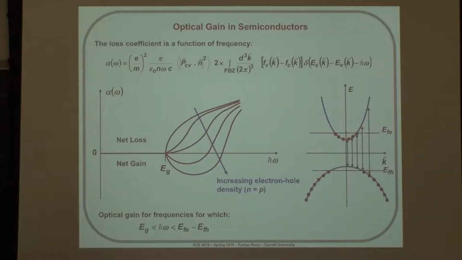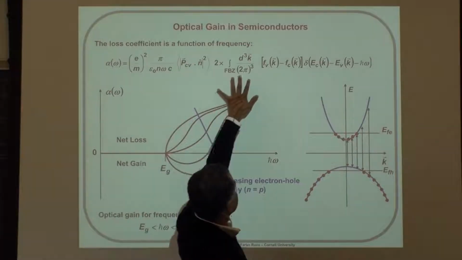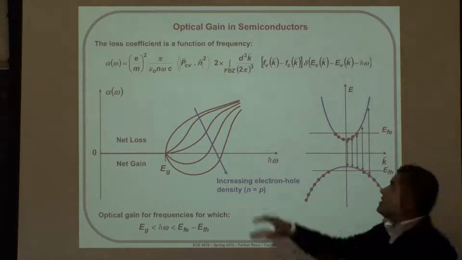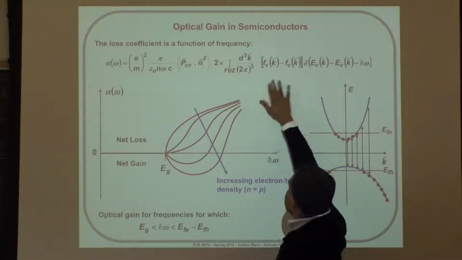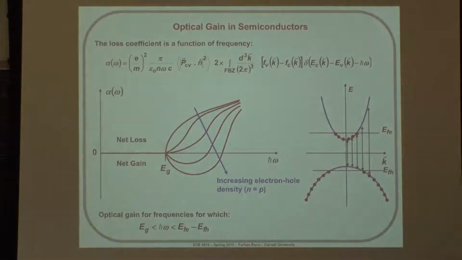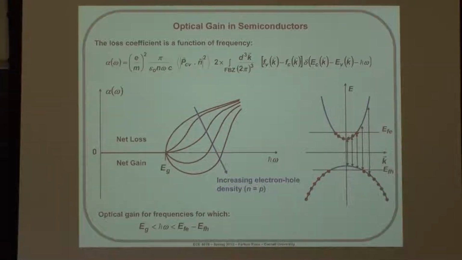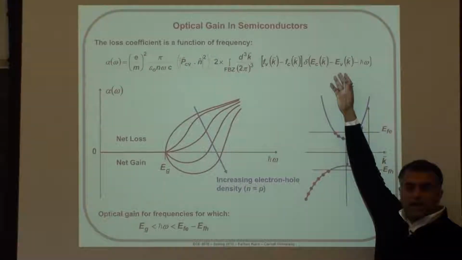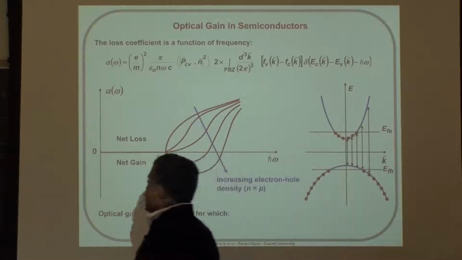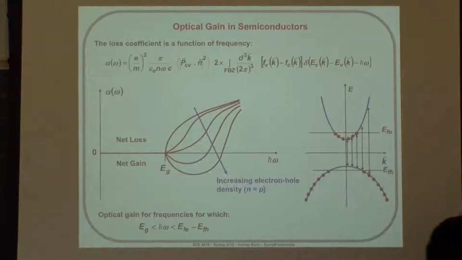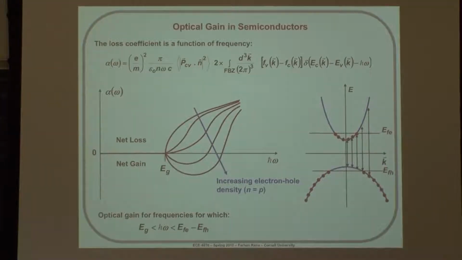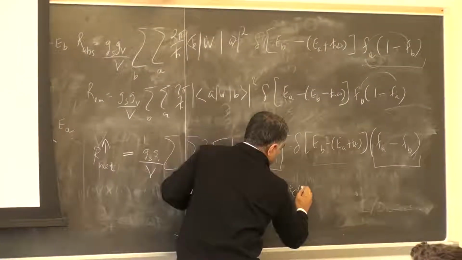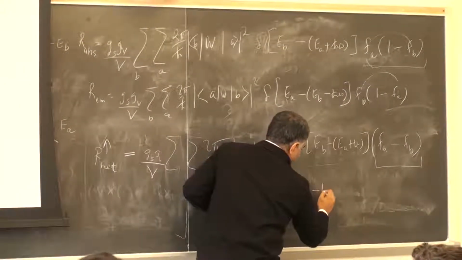Hopefully you can make some sense of it now. When we are summing over all states, you're integrating over all k states. So the FV minus FC comes from here, and the Dirac delta function is here. When I take the difference, EB minus EA, you can see it's the valence band k state minus the conduction band k state, minus h bar omega.